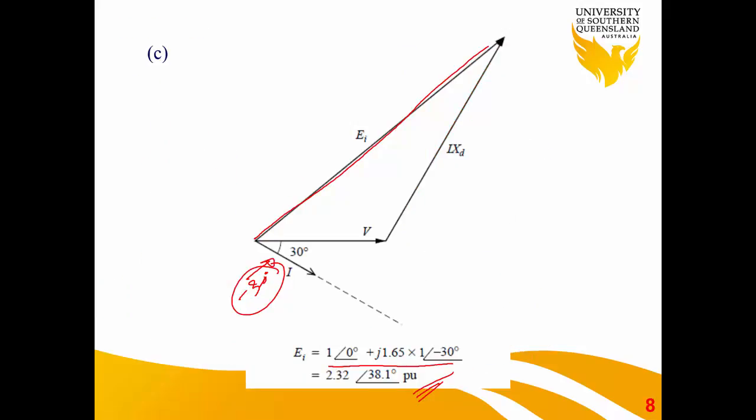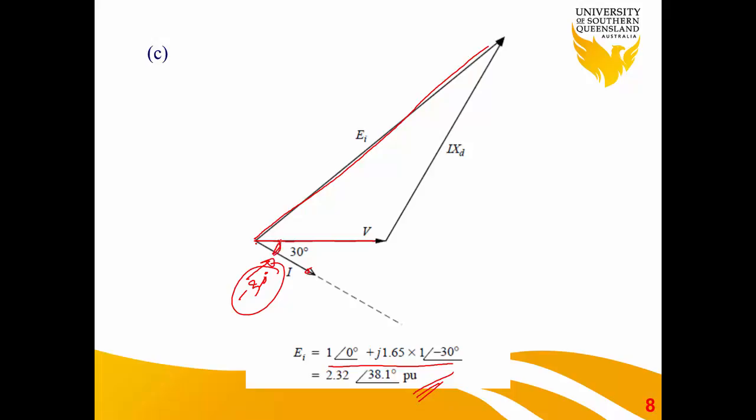Okay. As I said, the voltage and current relationship for this one is how many degrees here? This one is minus 30 degrees, because voltage is 0 and the current here is minus 30 degrees, that is given.